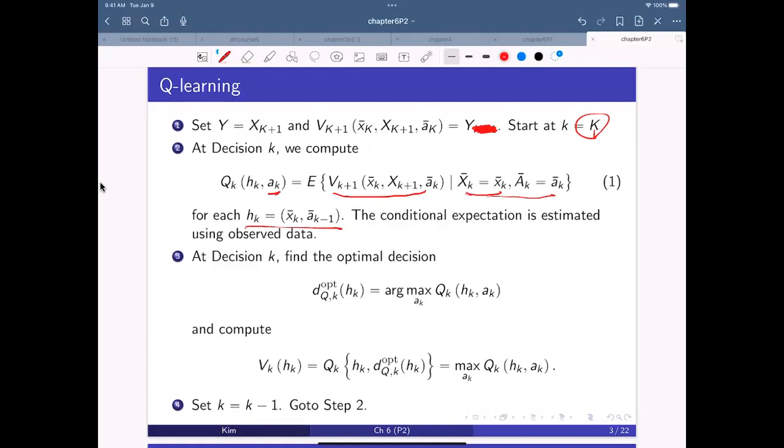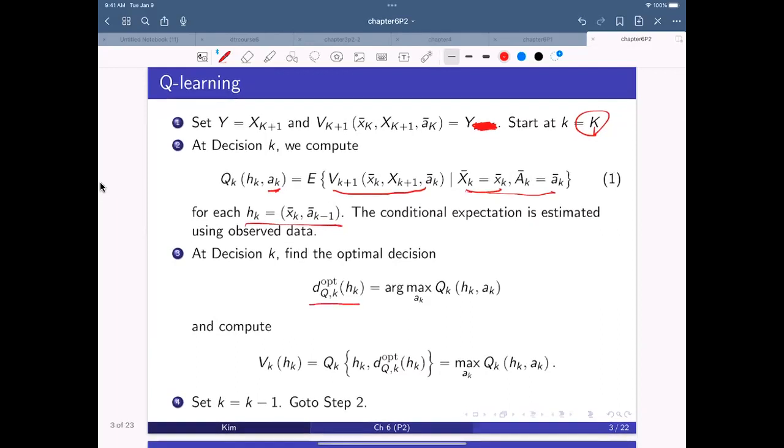Once you compute this Q, you can find the maximizer with respect to the argument, which becomes a function of the history. That is the optimal decision. But this is not the final step. You should use this to update your value function.